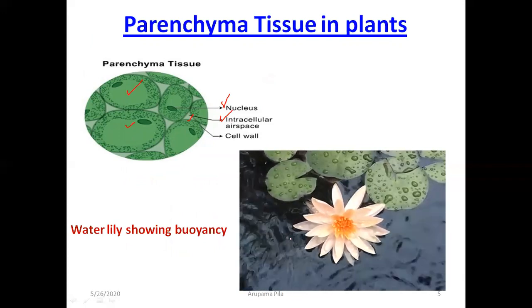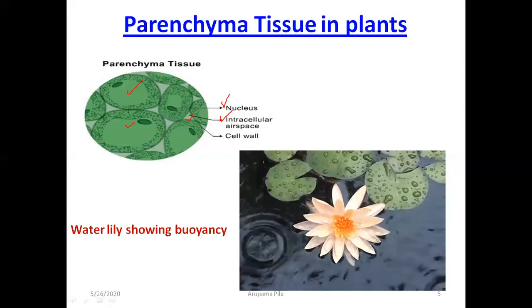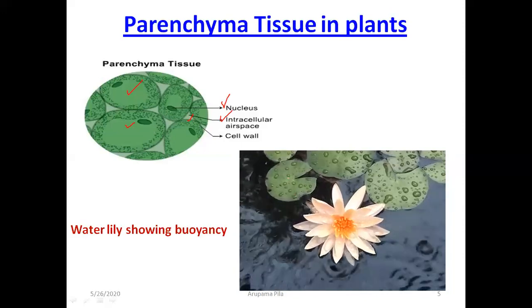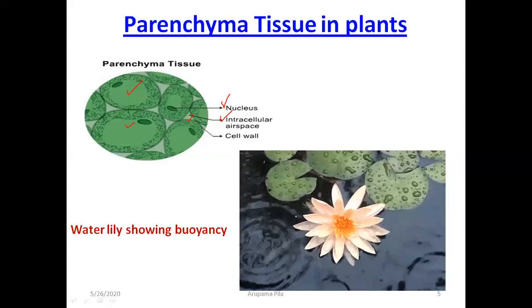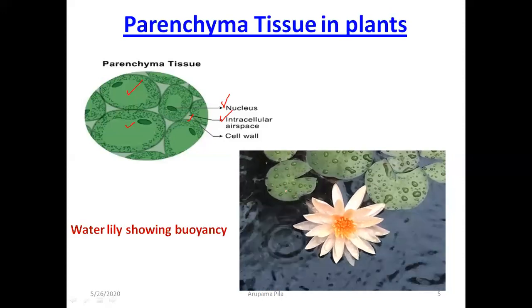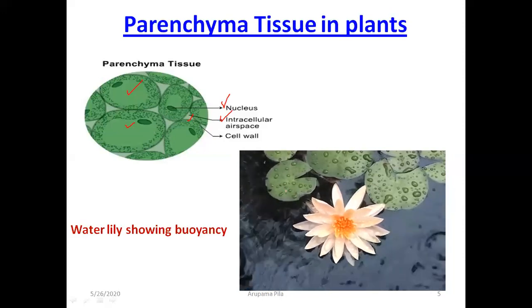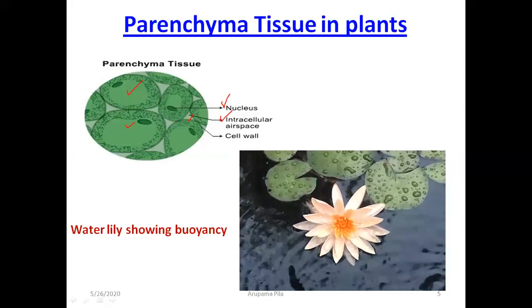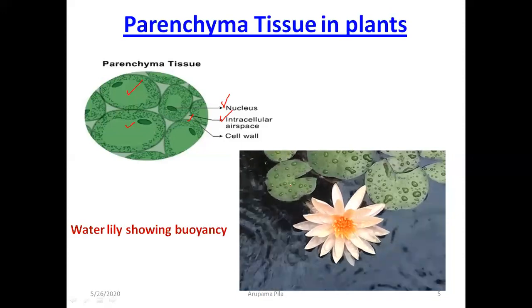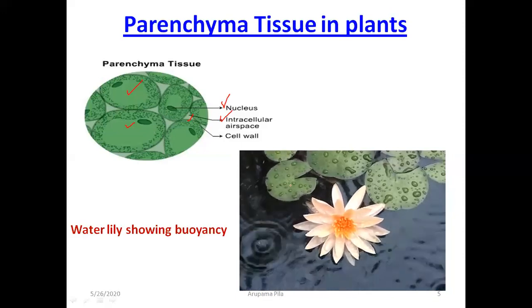This is the reason: an upward thrust is given by the water, because of which the leaves of the water lily float on the water. And how is this upthrust coming? Because of the presence of air spaces in the cells of the parenchyma.